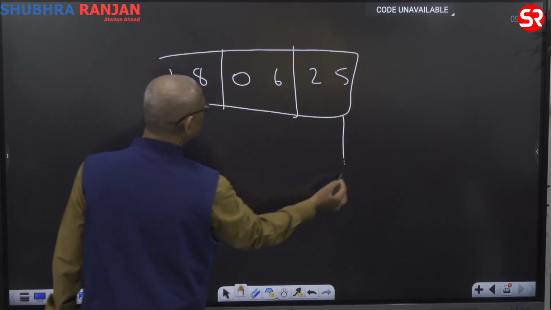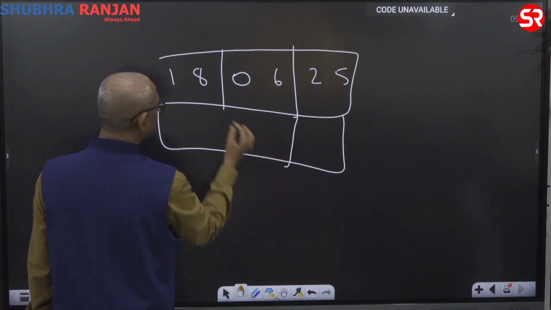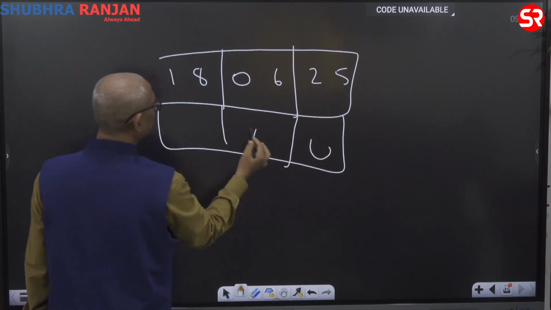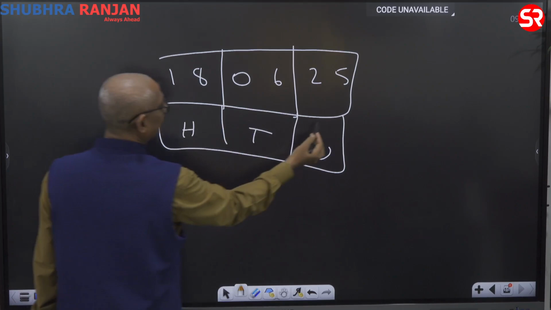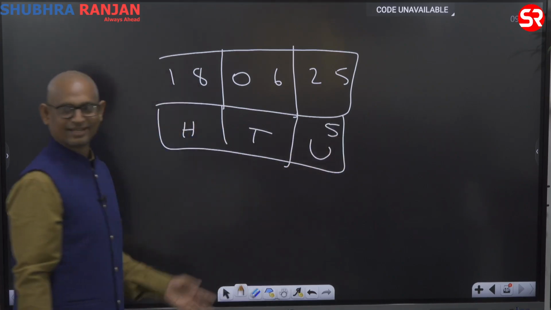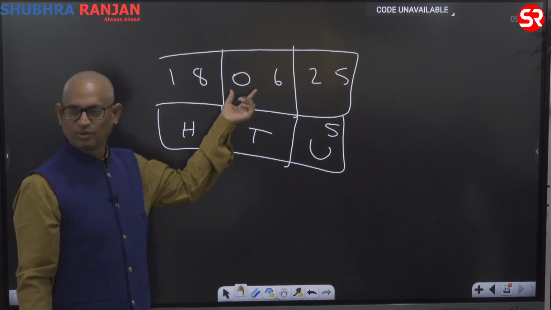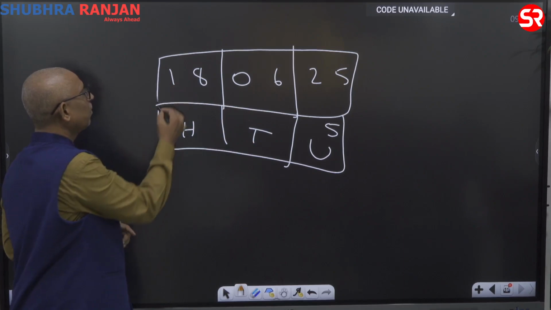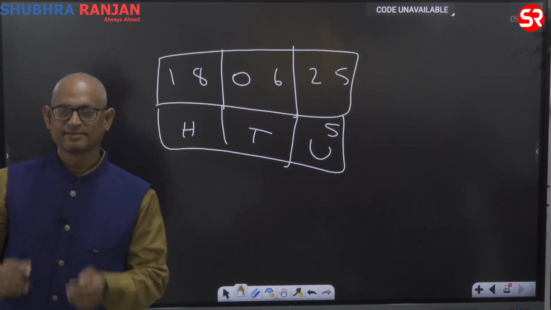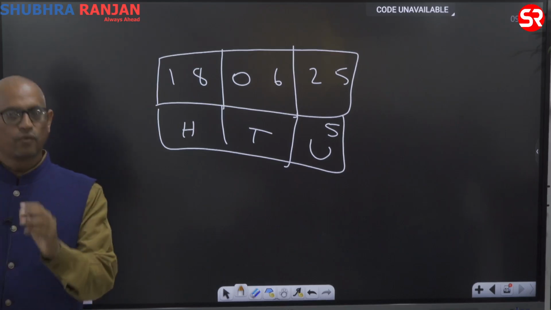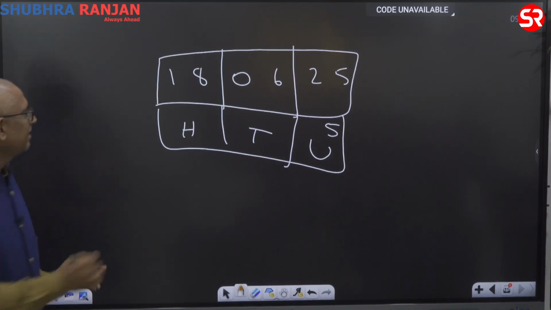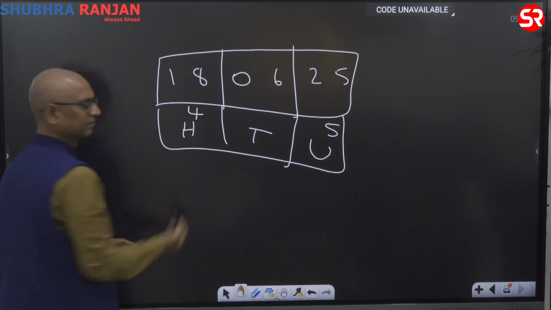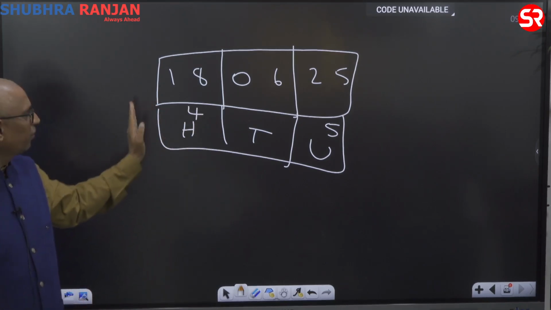So for the answer there are 3 places: units place, tens place and hundreds place. As far as units are concerned, it is clear that it is 5. There is nothing to do. But for this, we don't know exactly what digit comes here. But for this, 18 is there. Now tell me the range where 18 lies. 4 to 5. So definitely the digit over here is 4 only. So now you have to identify 40.